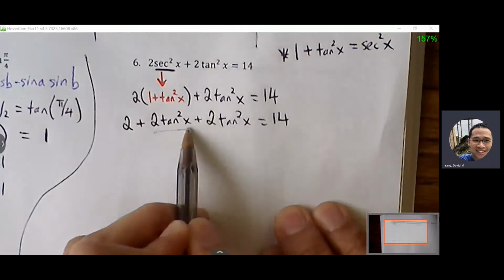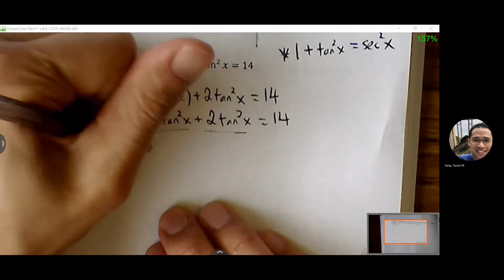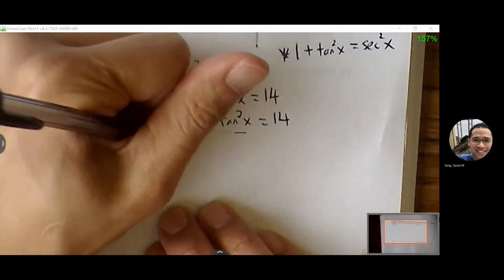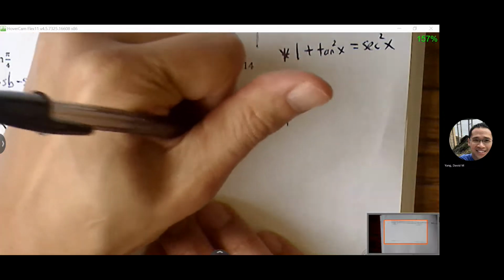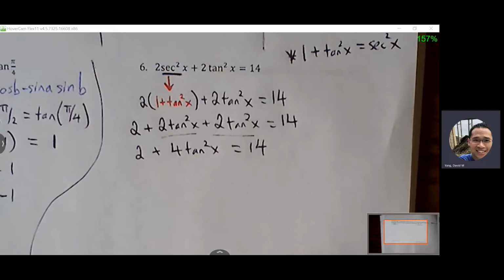Combine like terms. So there's no need to have to do any factoring here. We can just try to get that tangent squared by itself and work our way down to something hopefully we can recognize on the unit circle.